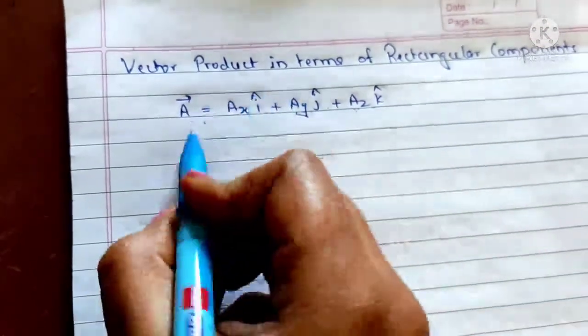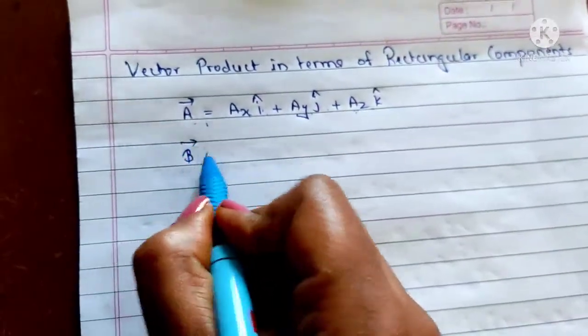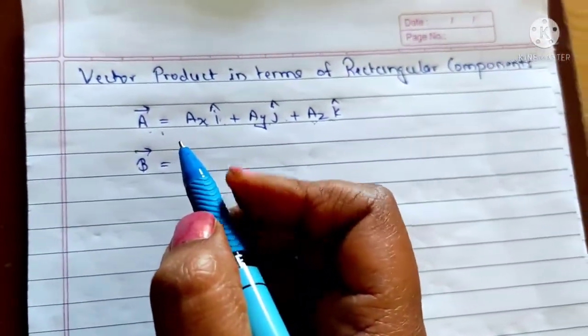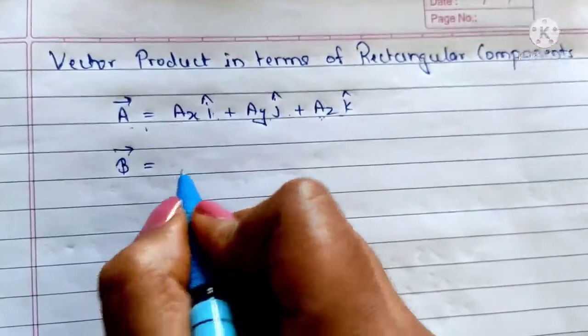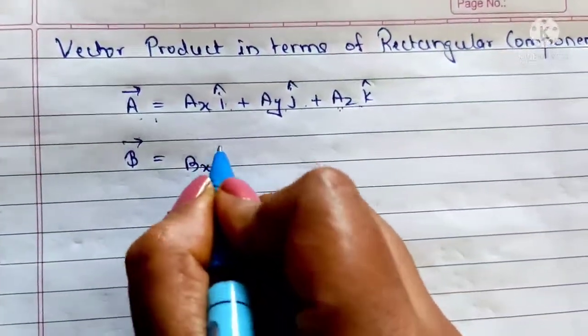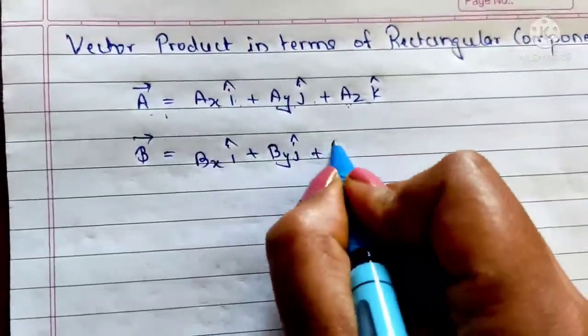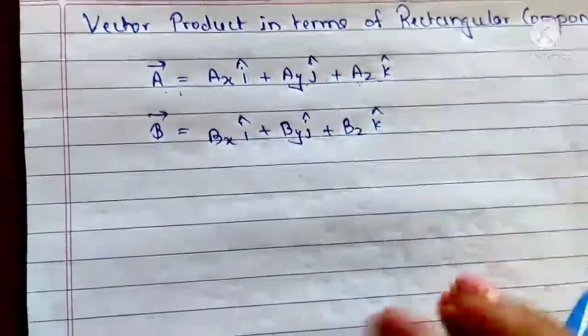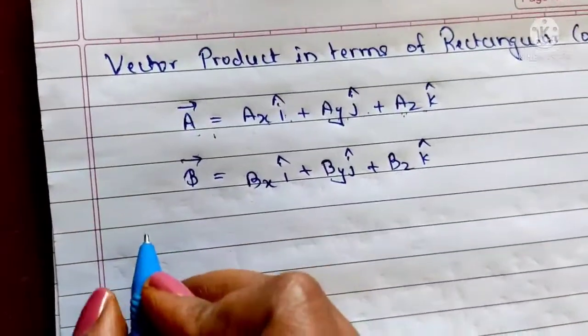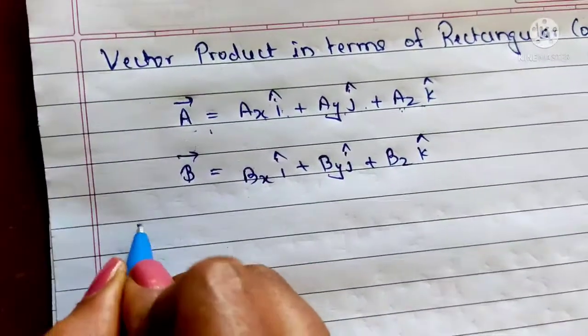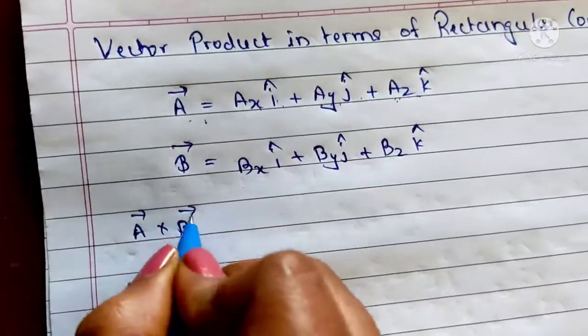Similarly, we can take the second vector as b bar vector. It can be written in terms of its rectangular components as bx i cap plus by j cap plus bz k cap. Now the vector product of these two vectors a bar and b bar can be written as a bar cross b bar.